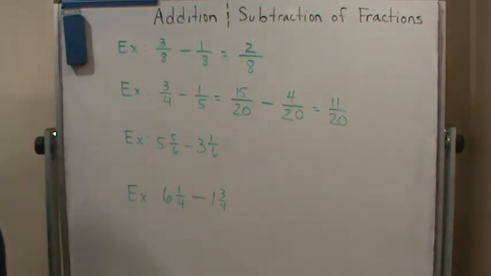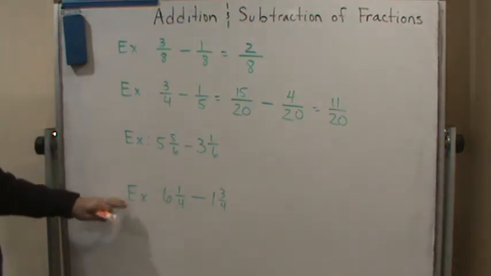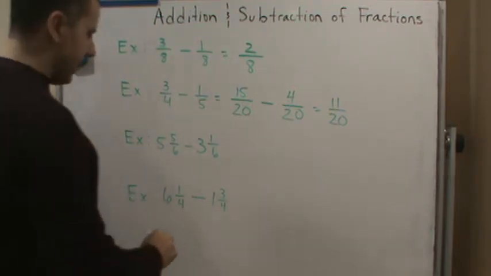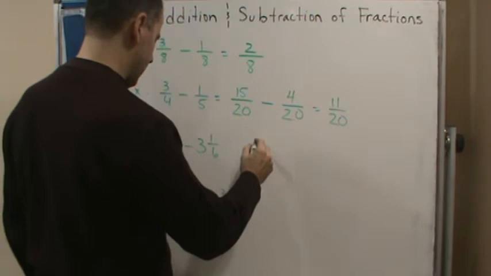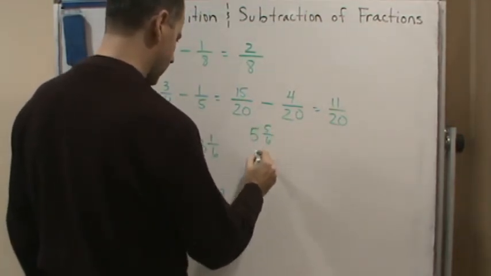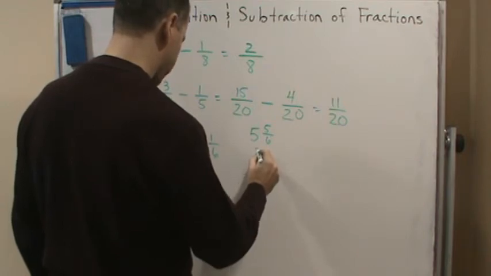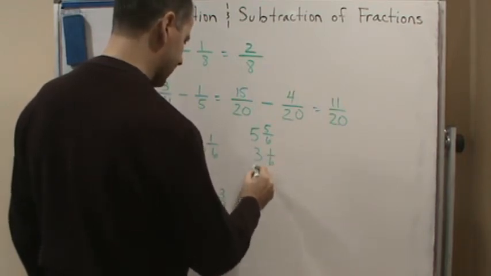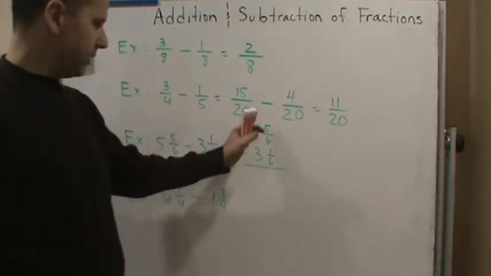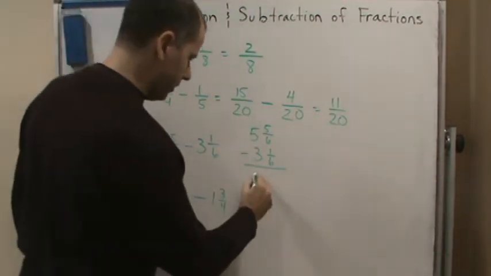Now, with these two examples, I'm going to set it up vertically, right? So in this case here, I'm going to set this up as 5 and 5/6 over 3 and 1/6, and I'm going to subtract. So now what I do is I subtract the whole numbers.